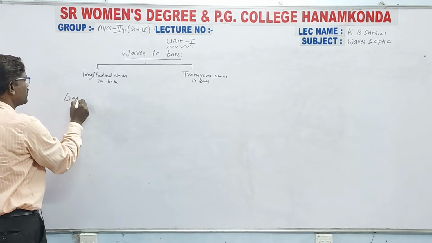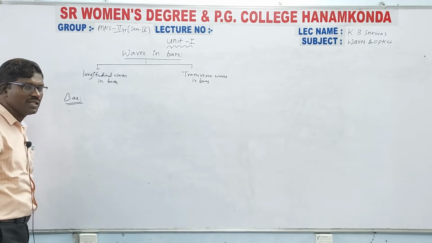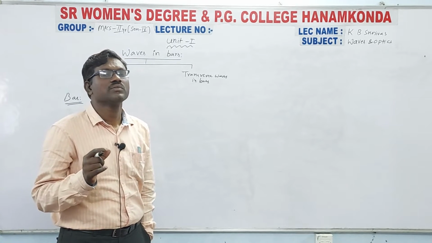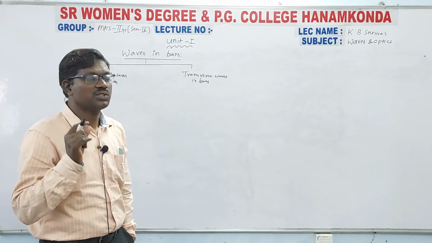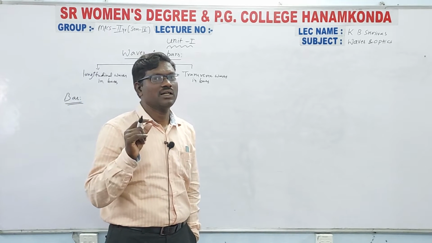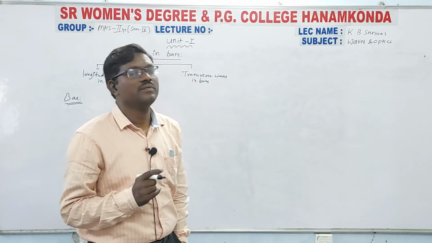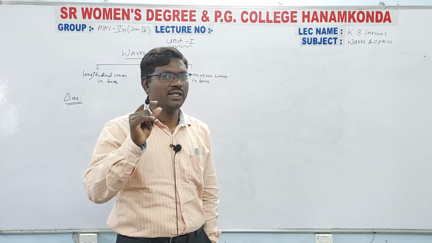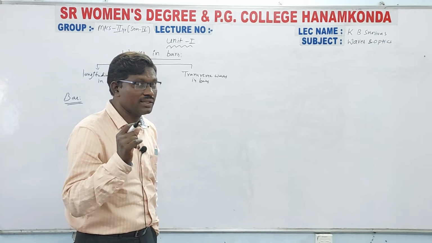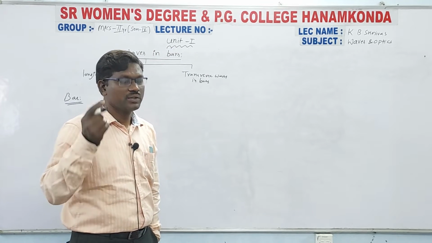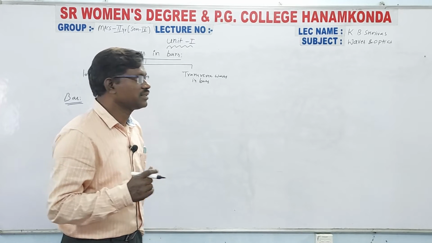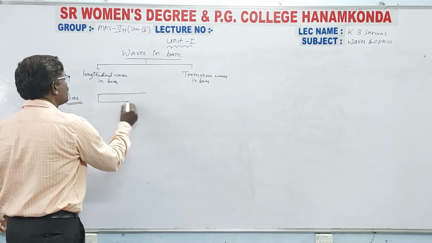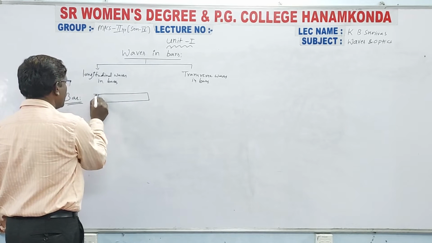When a bar, a rod, how do we define a bar? It is of uniform thickness, made with homogeneous isotropic material, when its length is more compared to its area of cross section.